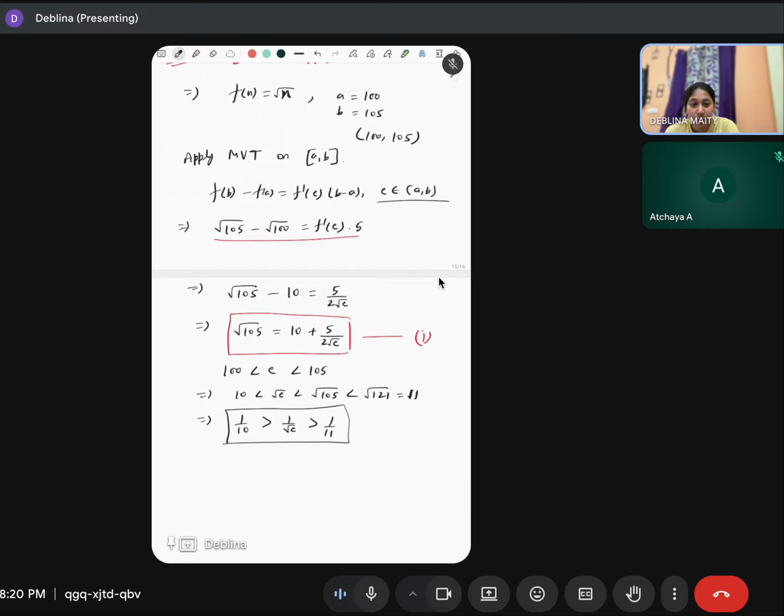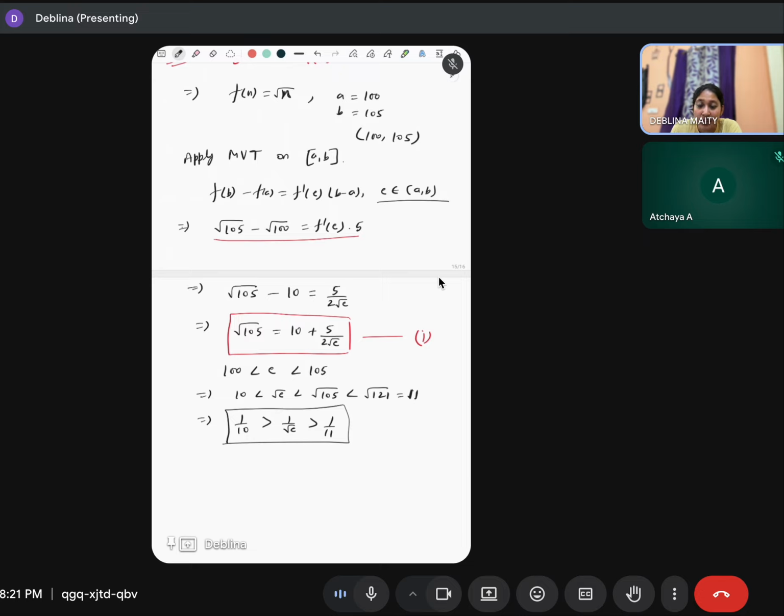So we are doing the approximation because this root over 105, we don't know the exact value of this number, right? Because this is an irrational number and the number is not a square number. So we are replacing it by the nearest square number. Then we can write root over 121 as 11, right?